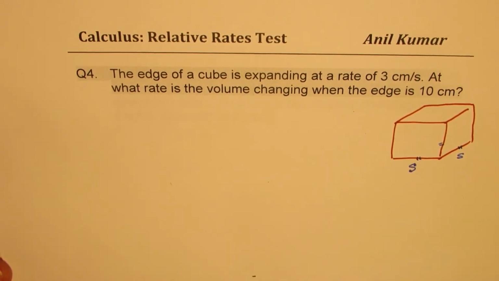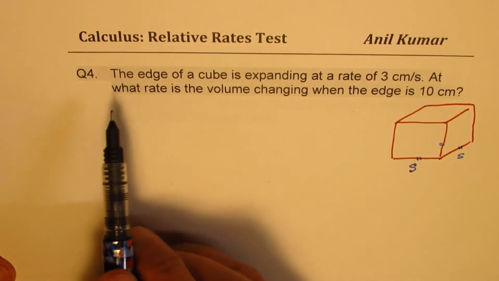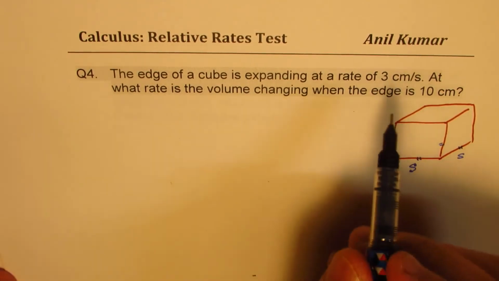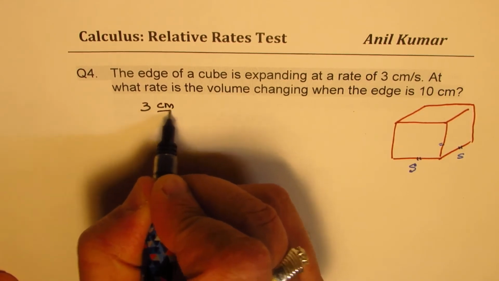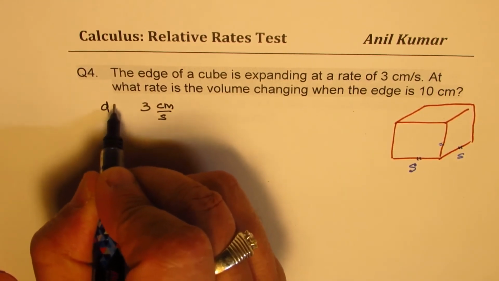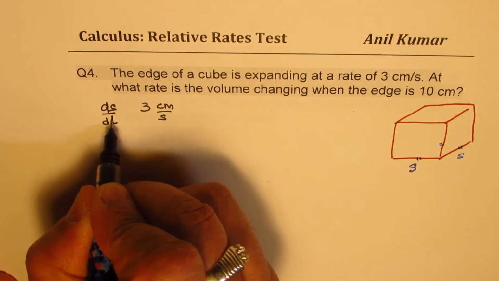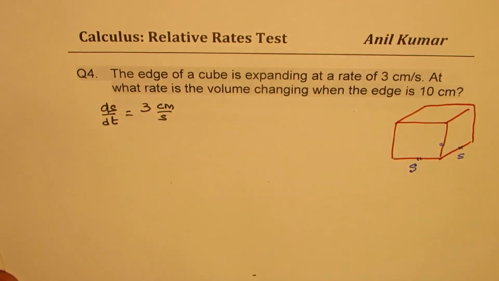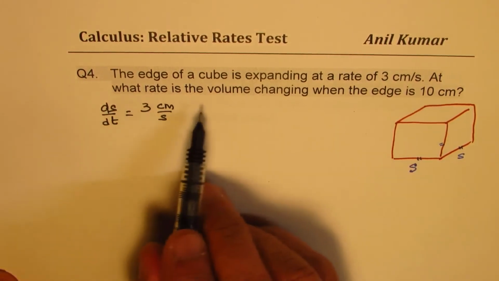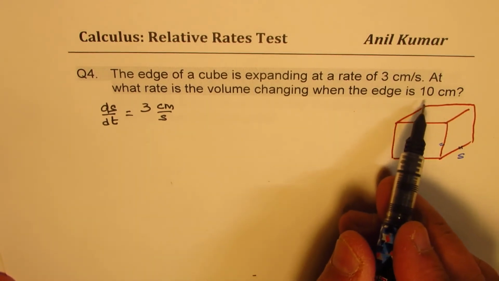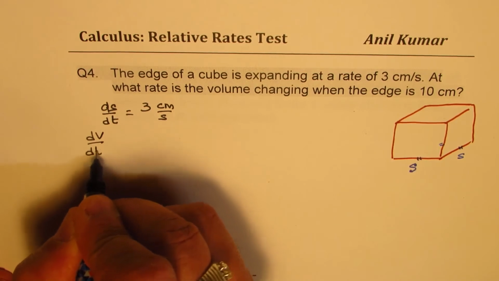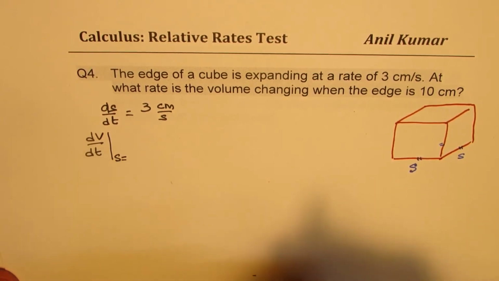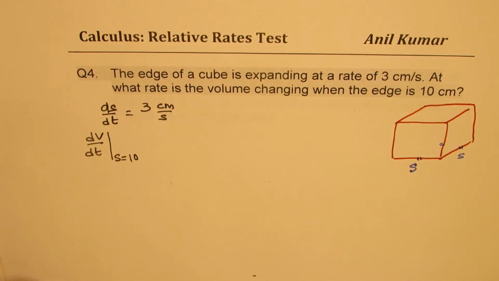Now, what we are given here is that the edge of the cube is expanding at the rate of 3 centimeters per second. That means it is ds/dt, with respect to time. We need to find the rate of change of volume when S is equal to 10 centimeters, right? So that is what it is.